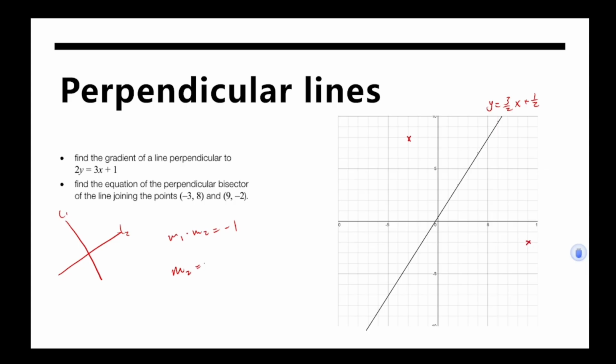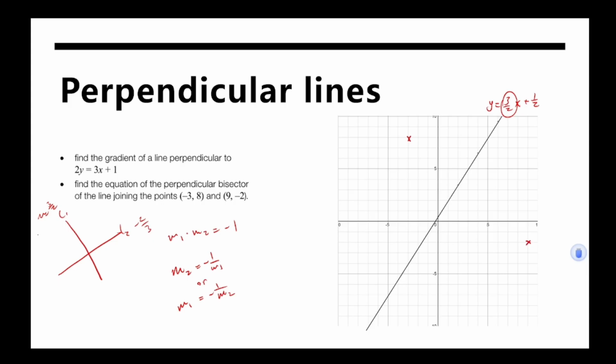So m2 equals -1 over m1, or m1 equals -1 over m2. We already have the gradient for L1 is 3 over 2. The gradient for L2 would be -2 over 3, the negative reciprocal.